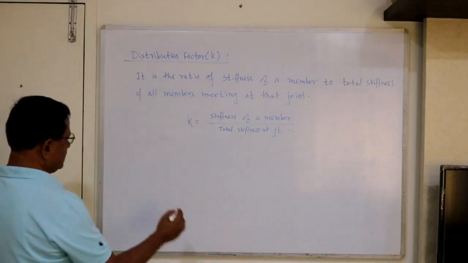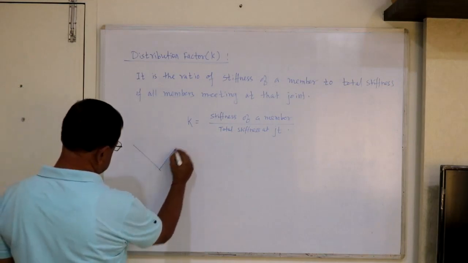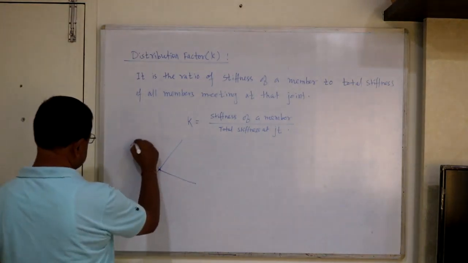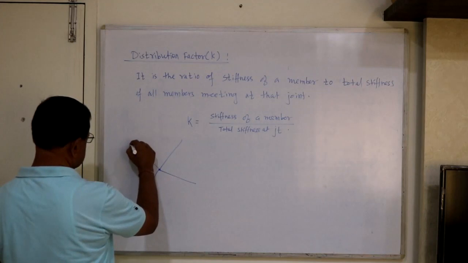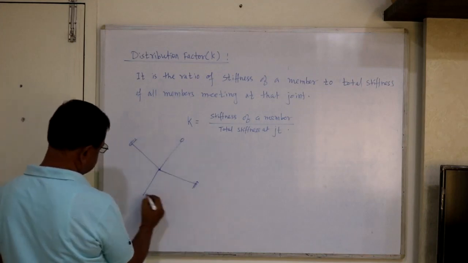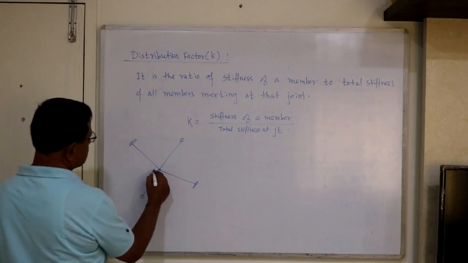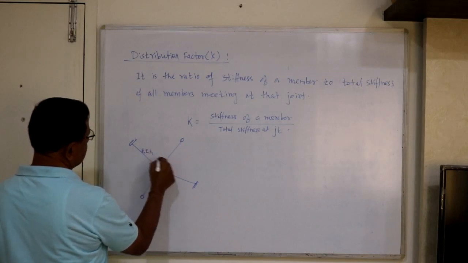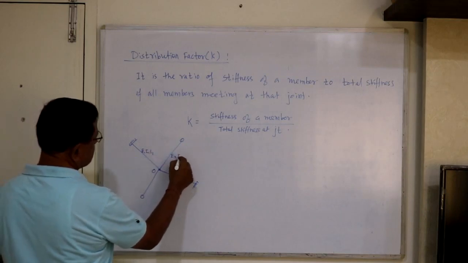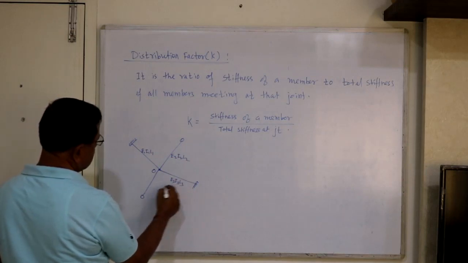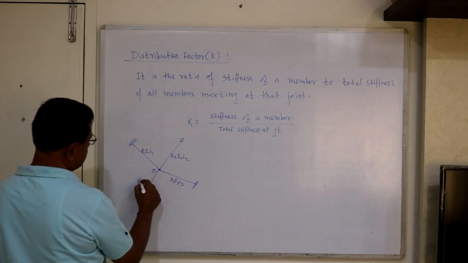Now suppose in the example we have just seen, you want to find out the stiffness at the joint for each of the members. Say this is O, and we know the properties E1, I1, L1, E2, I2, L2, E3, I3, L3, and E4, I4, L4.